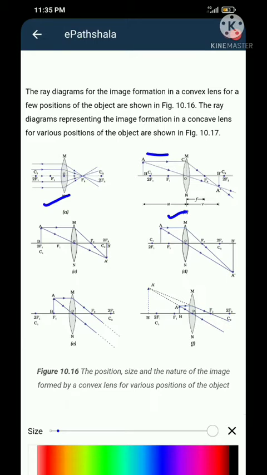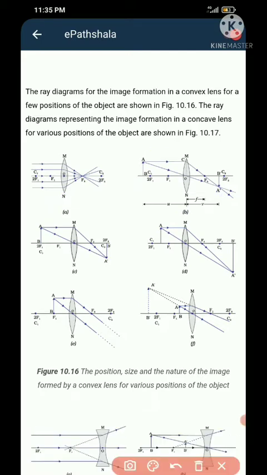The second passes through the optical center without deviation, so the image is formed real and inverted. Real means it is on the other side of the lens, and inverted means below the principal axis. And the size, look at the figure: the image will be shorter than the object.